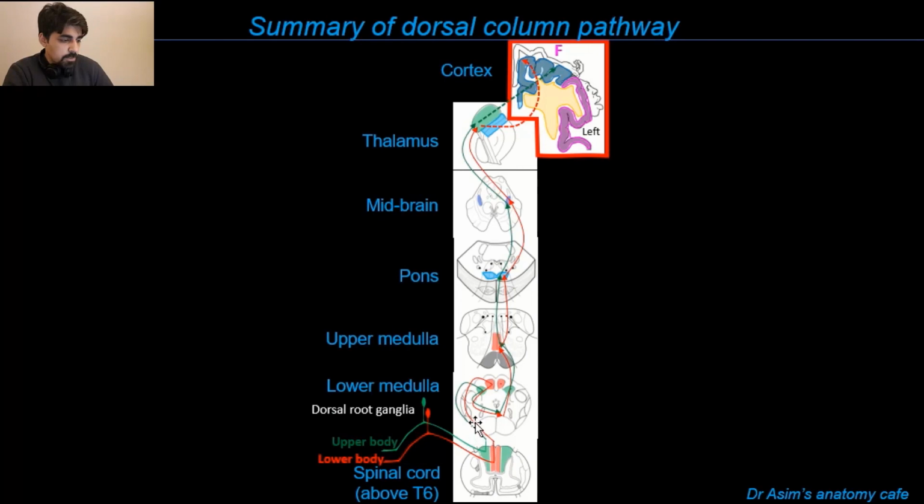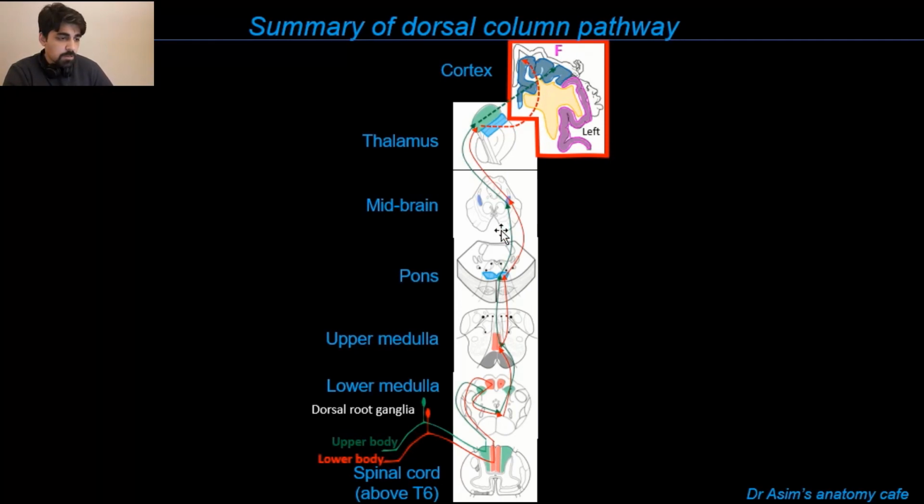They synapse in their respective nuclei in the caudal medulla, in the nucleus gracilis and nucleus cuneatus. Then they cross over to the contralateral side as the internal arcuate fibers, and then ascend through the brainstem as a much more ventrally situated structure, where these are known as the medial lemniscus. These are the second order neurons.